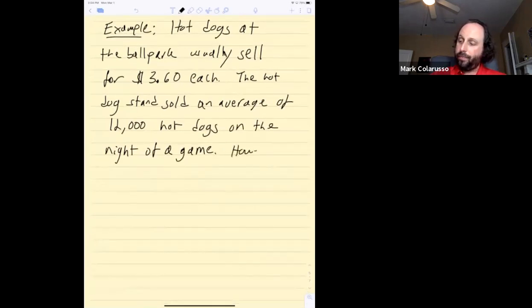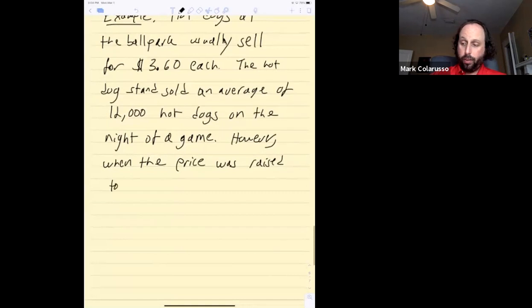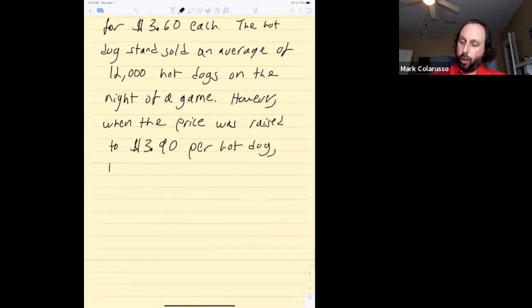However, when the price was raised to $3.90 per hot dog, the sales dropped off to 10,500 hot dogs per night.